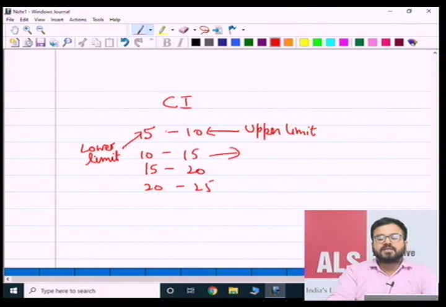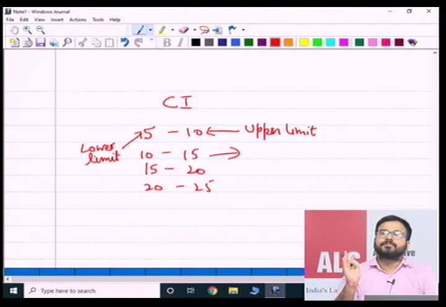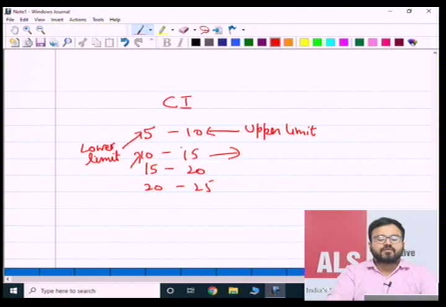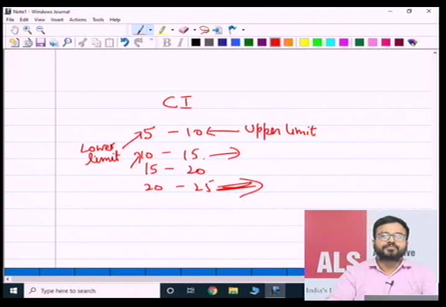So effectively this interval 5 to 10 counts only the numbers 5, 6, 7, 8 and up to 9, if we are talking about integers. So 10 is counted in the lower limit of the next interval. Similarly, if I ask in which interval 20 will lie, 20 will lie in this interval, right?